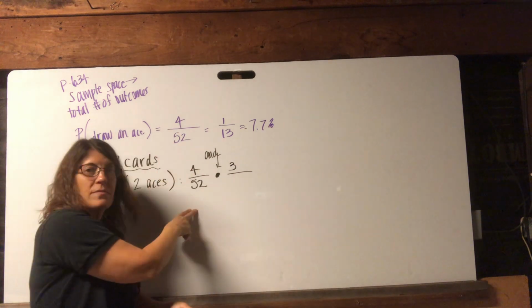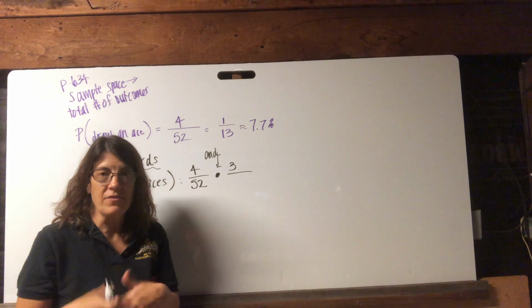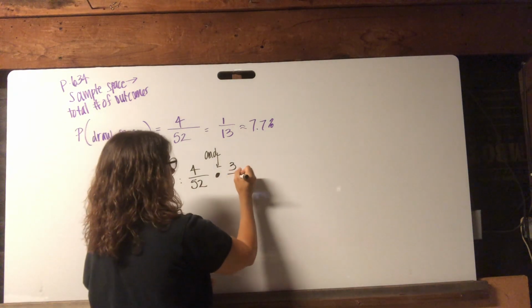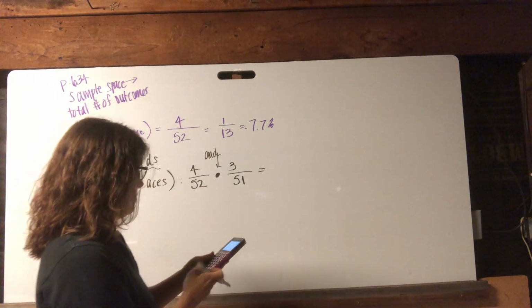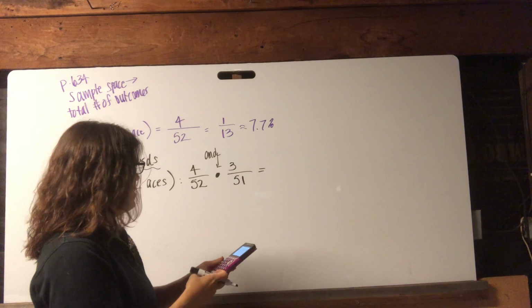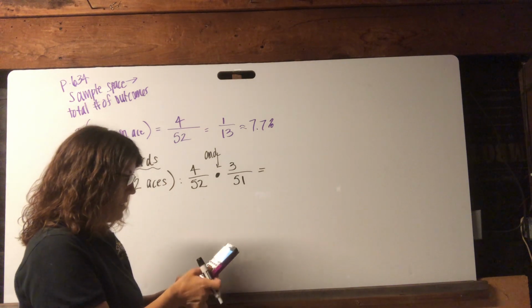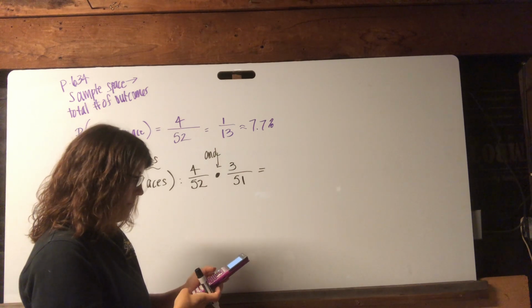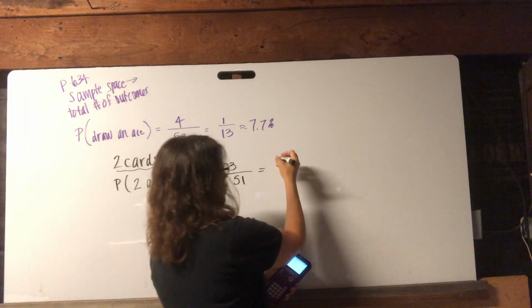I've drawn a card. So how many cards are left in the deck? How many cards are left in the sample space? 51. Okay, 12 divided by 52 times 51. You should be doing the problem with me. 1 over 221.